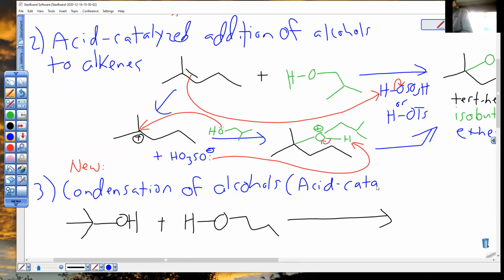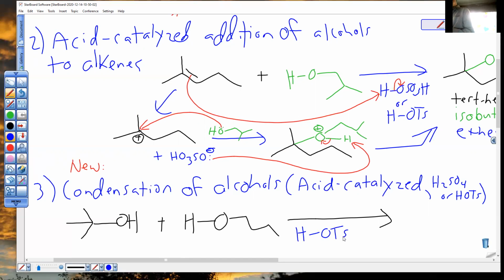Anytime you see acid-catalyzed in this course, it's always the same acids that are possible. H2SO4 or HOTS. So acid-catalyzed in this course, it's like a trigger in your head with a hint that says sulfuric acid or toluene sulfonic acid have to be used. We haven't been using HOTS a lot on the notes lately, so let's use HOTS this time.